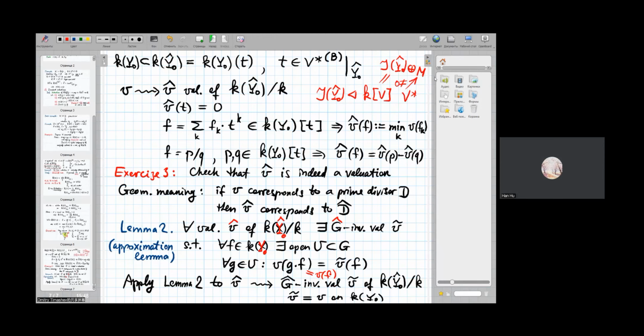Well, actually, M is identified with the coordinate algebra of y naught hat, because M is identified with the quotient of this coordinate algebra modulo the vanishing ideal, and this is exactly the coordinate algebra of the subvariety y naught hat.